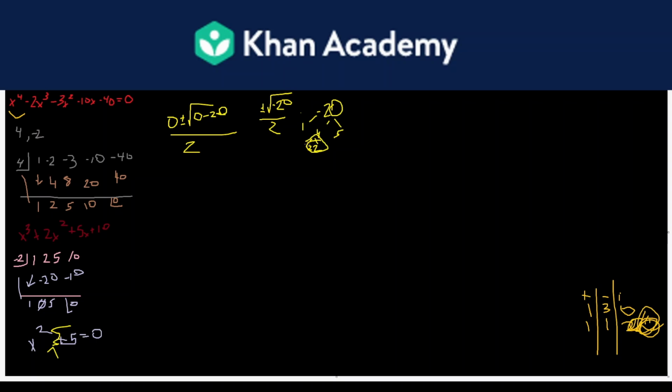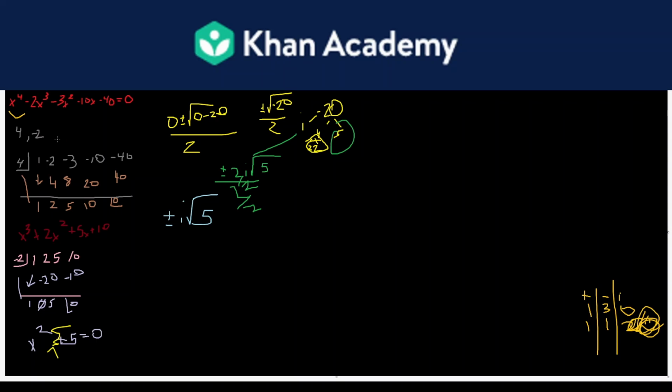That's a pair. And now we put that in, so we get plus or minus 2. This is left over, so we get i comes down, root 5 over 2. Simplify that, divide by 2, divide by 2. You get plus or minus i root 5.